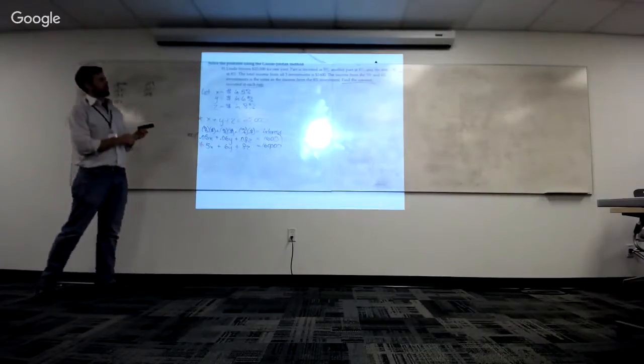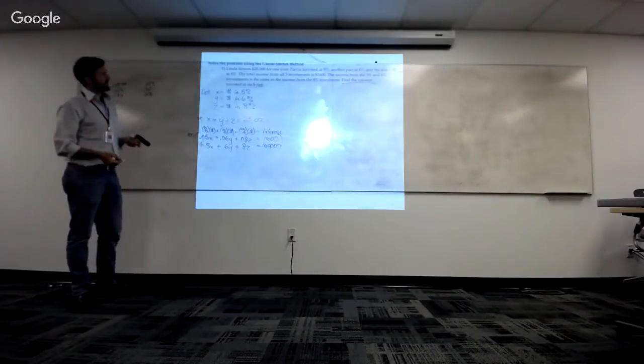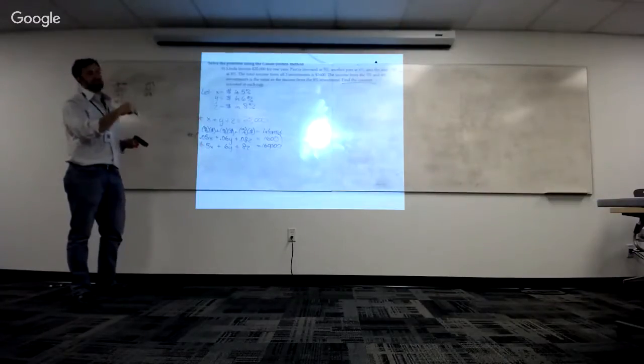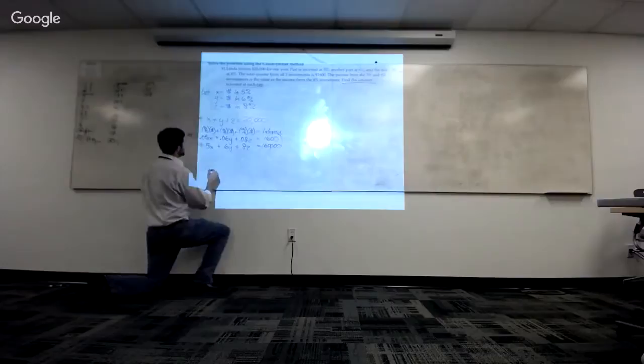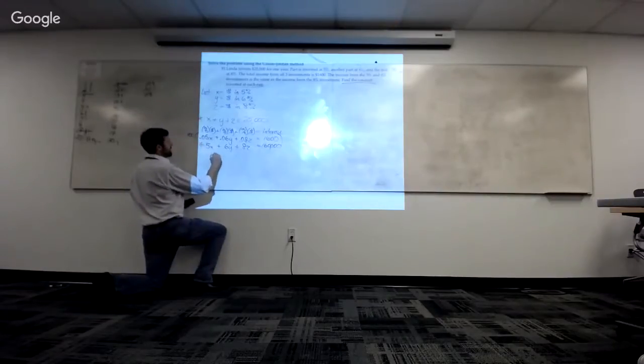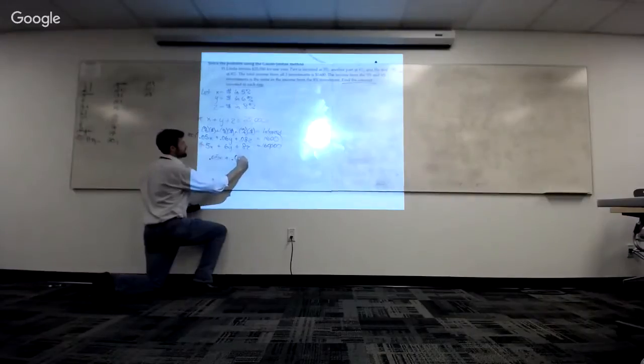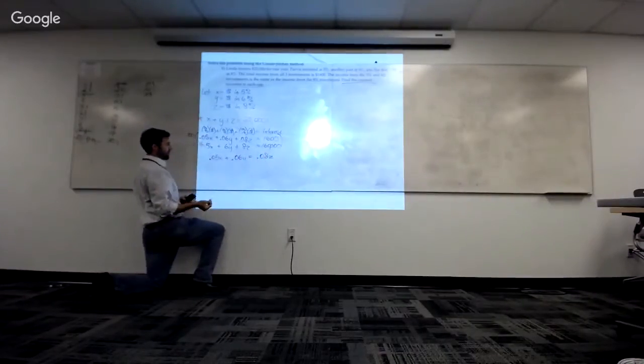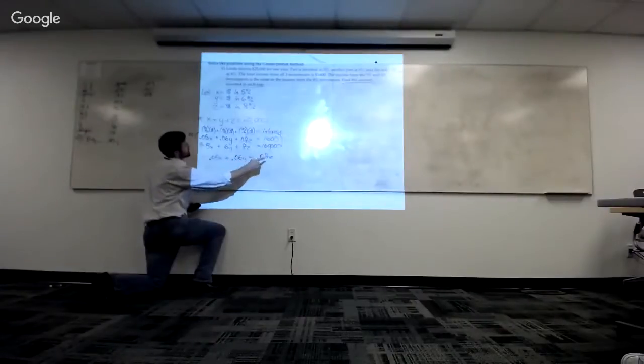Okay, so what's our third equation? The income from the 5 and 6% investment is the same as the income from the 8% investment. So that means that the 5% income plus the 6% income together is equal to the 8% income.